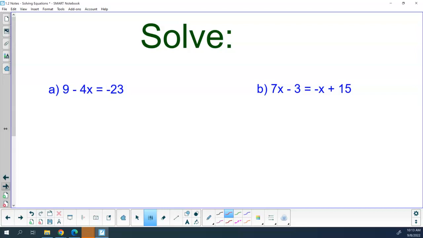In example A, what would you do first? Subtract 9 from both sides? I would agree. That's one thing. Is that the only thing that you can do first? Would that be smart, though? I mean, you could, but then you'd be introducing fractions into it.